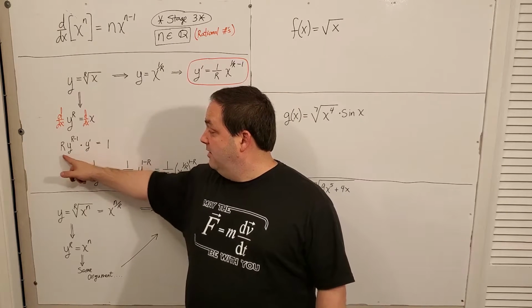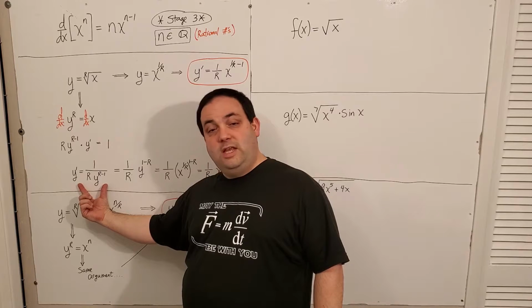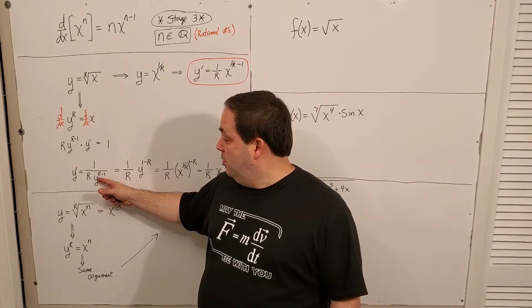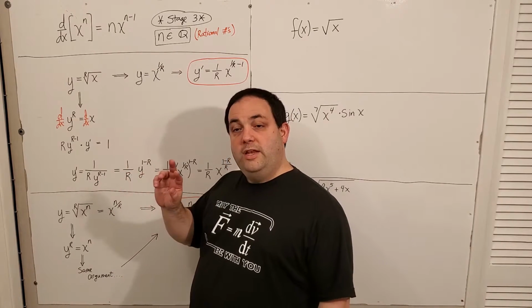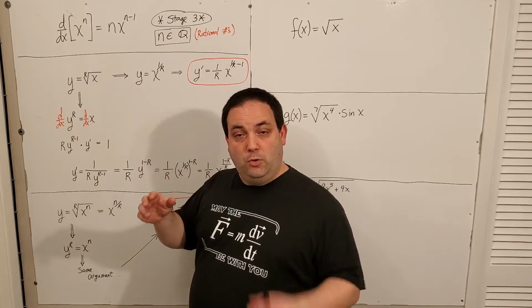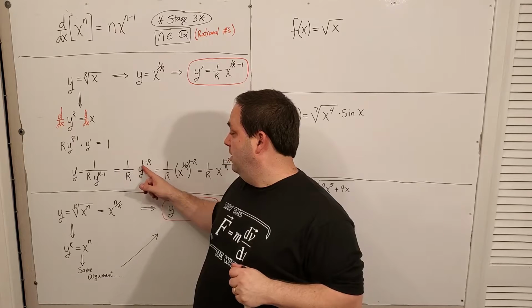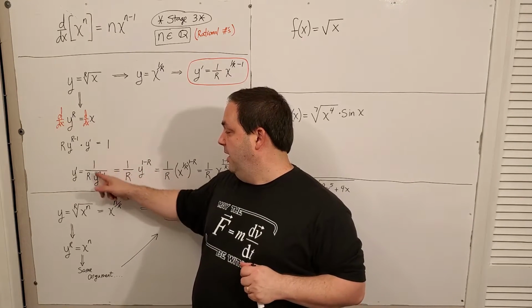All right, fine. Then now that we're in an equation, solve for y prime. I'm going to divide the r y to the r minus 1 to the other side, and then it looks like this. I take the y to the r minus 1 into the numerator, and all that does is change the signs on the exponent, right? If I move something up, it puts a negative on the power. And instead of r minus 1, now it's 1 minus r. And I have that 1 over r just kind of by itself, right?